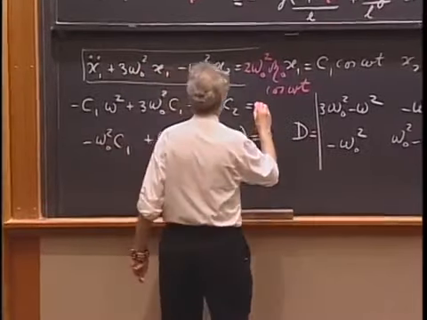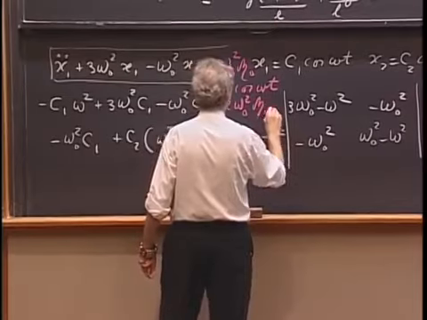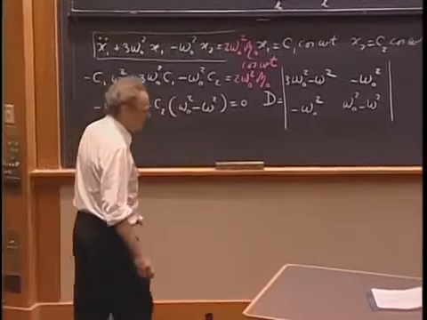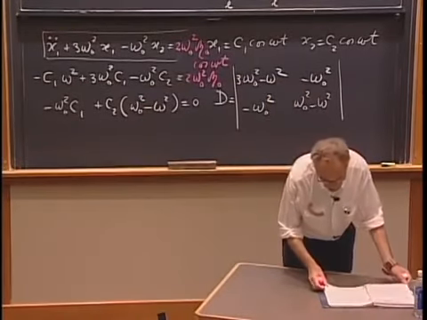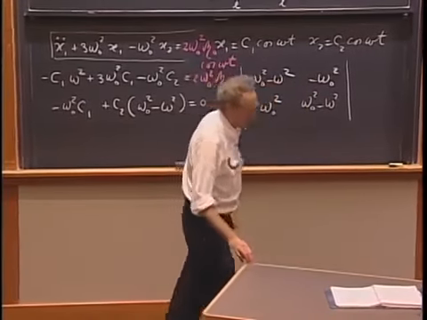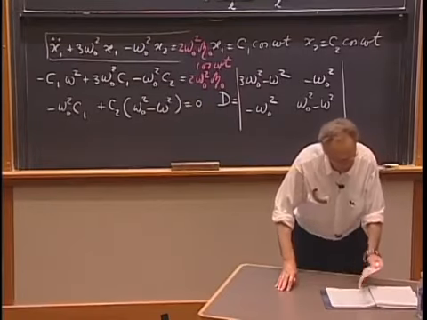So we end up here with 2 omega 0 squared times eta 0. And nothing else changes. But now, we're looking at our solution for C1, and we're going to look at our solution for C2 in steady state.